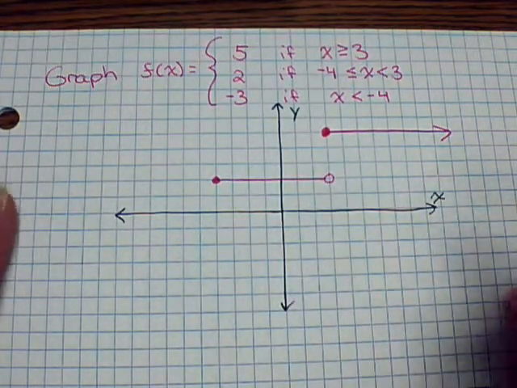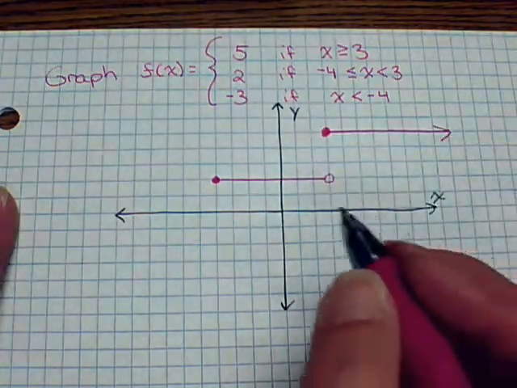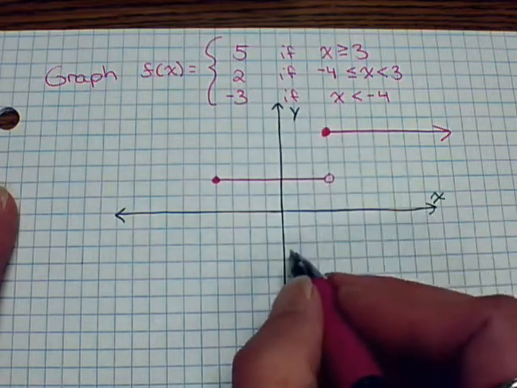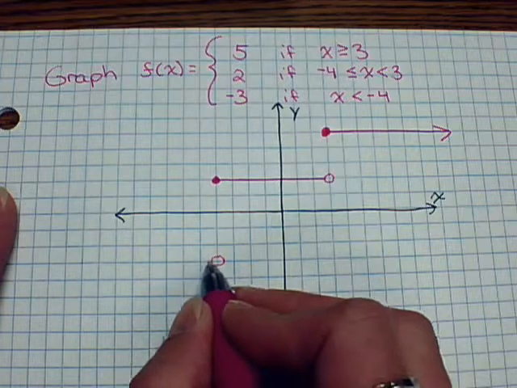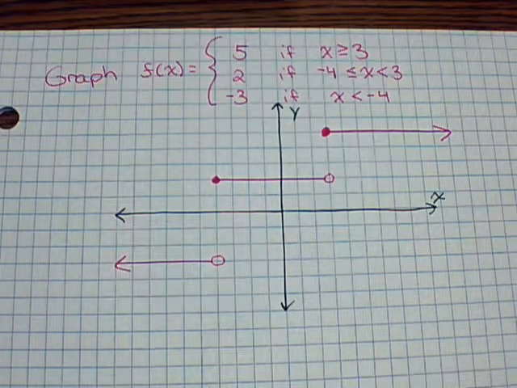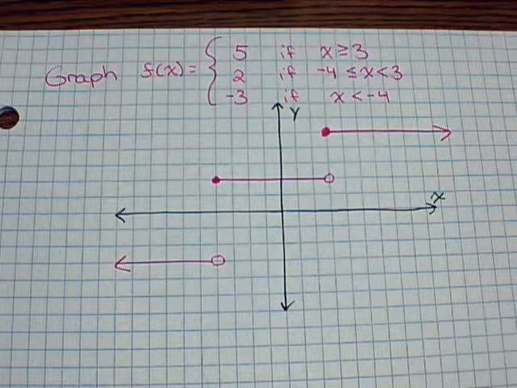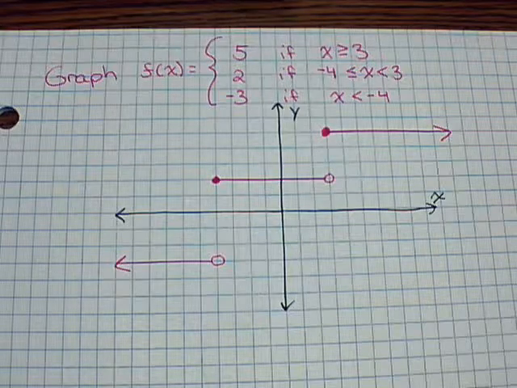Okay. The next one says y equals -3 if x is less than -4. So y equals -3 from that point to the left. This is what is called a step function. Looks like steps.